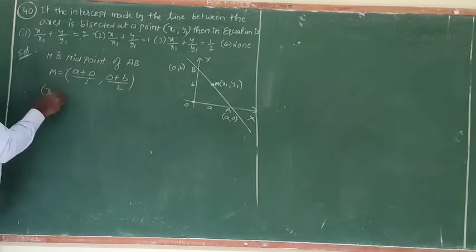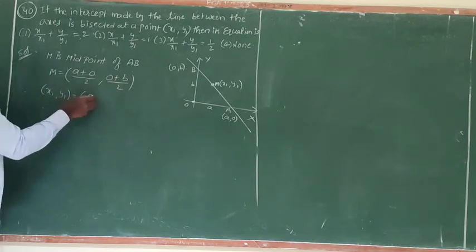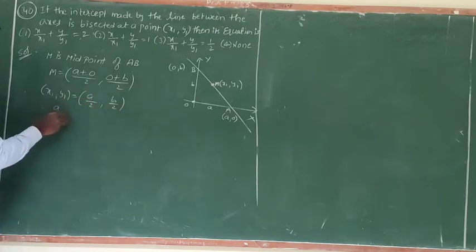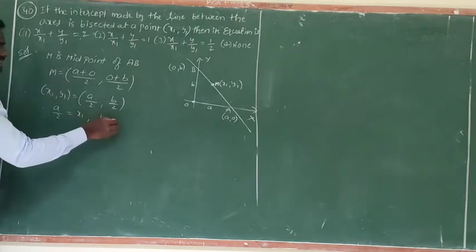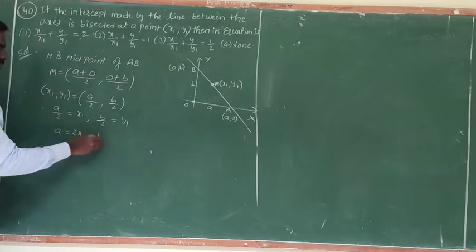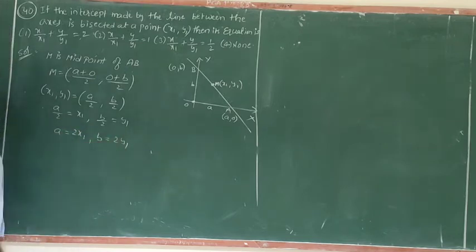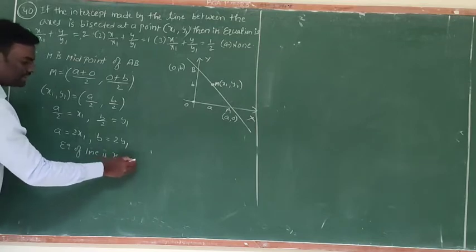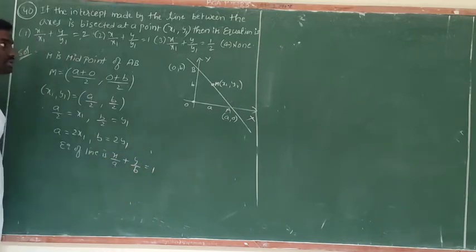Then x1 comma y1 is equal to A by 2 comma B by 2. Now, from this, A by 2 is nothing but x1, B by 2 is nothing but y1. Then A is 2x1, B is 2y1. So, finally, we got A value and B value. Therefore, equation of line is x by A plus y by B equals 1.